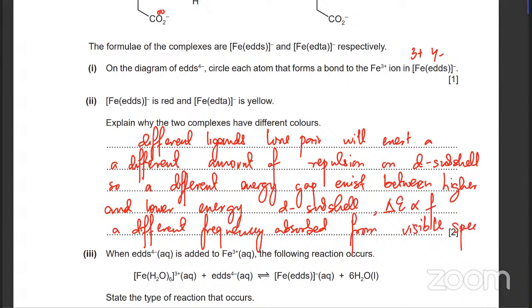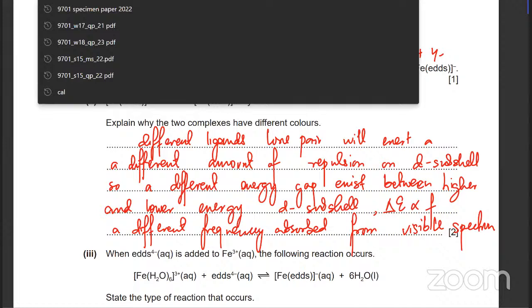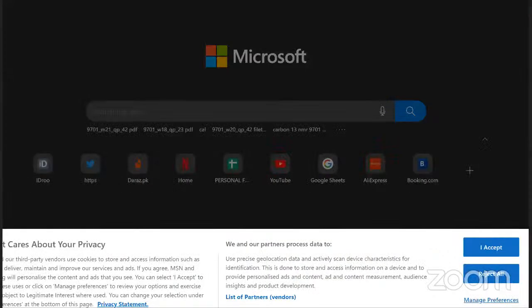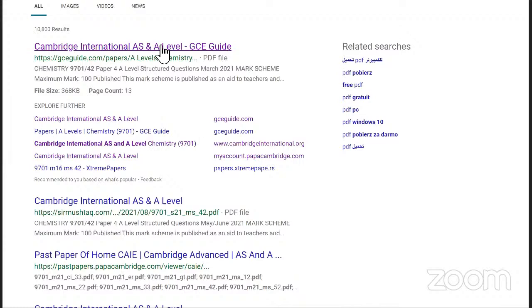I'm just going to compare this one with the mark scheme as well. It's just a 2-mark question. So what exactly were they looking for? Usually it's a 3-mark question. So we'll just quickly confirm.